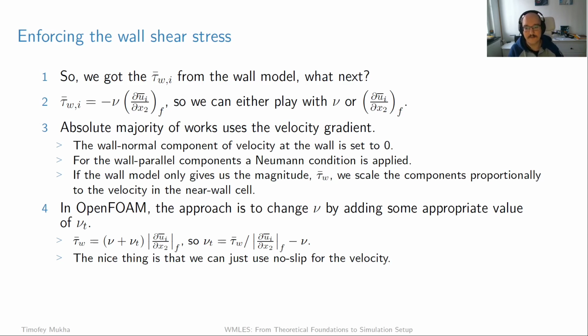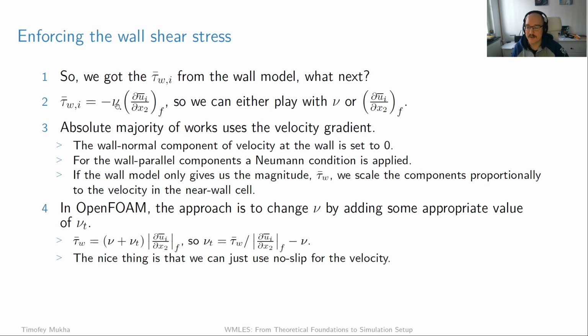So what remains is the last step. We want to insert that tau wall back into the LES. So we got tau wall from the wall model. What is next? Let's write out again what tau wall is. Here I write it component wise.